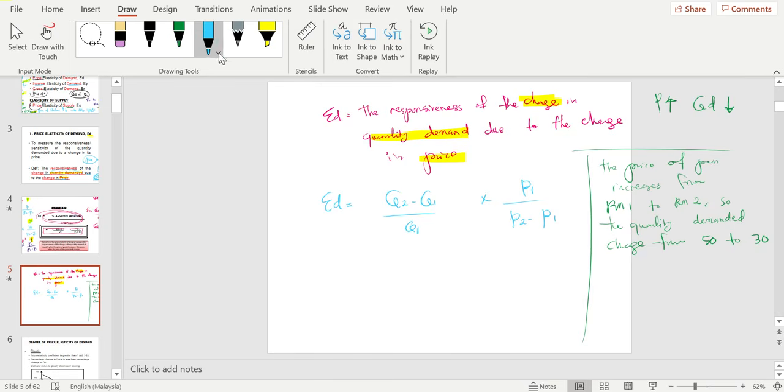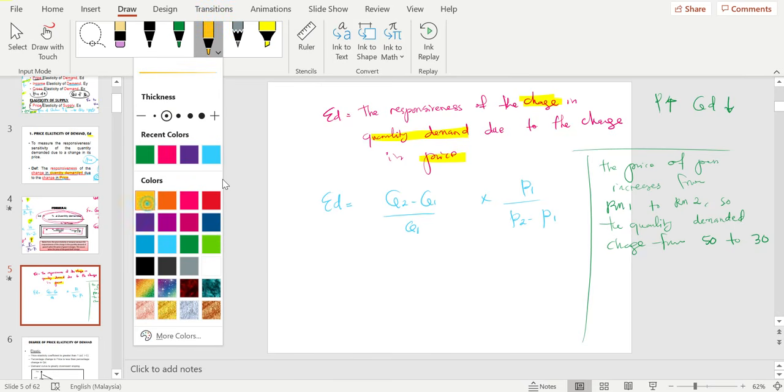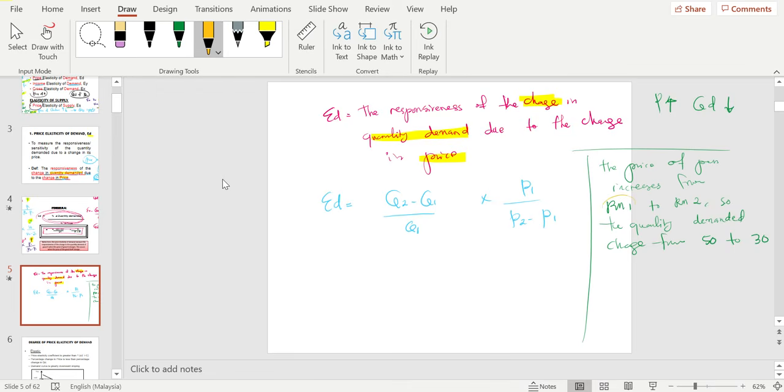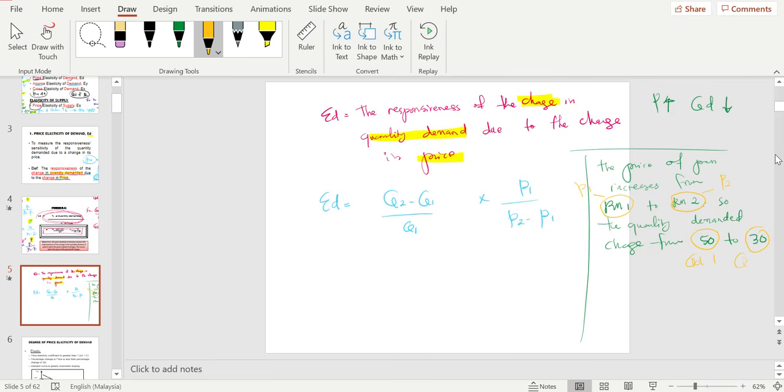So, take the info there. Which one? Okay, RM1 is P1, RM2 is P2. The one mentioned first will be your P1. 50 will be quantity demand 1, 30 is quantity demand 2.